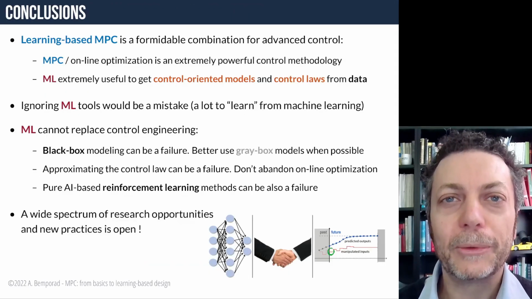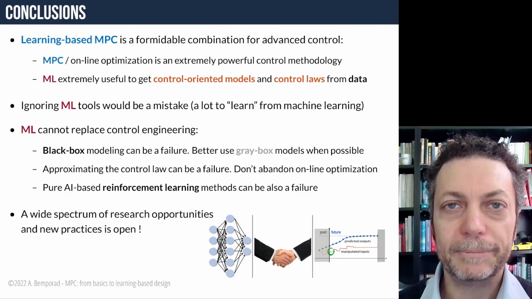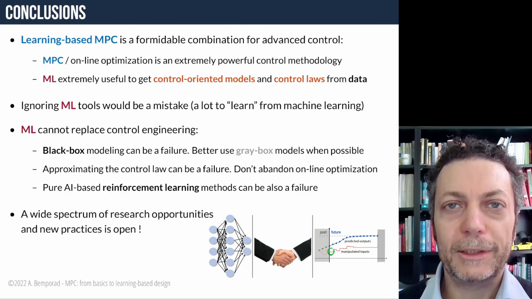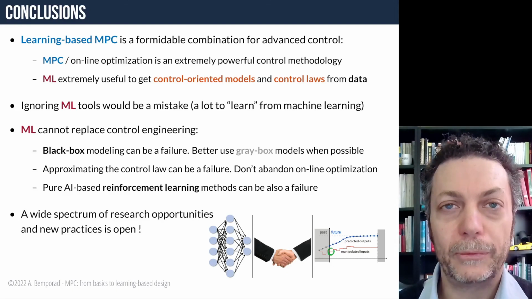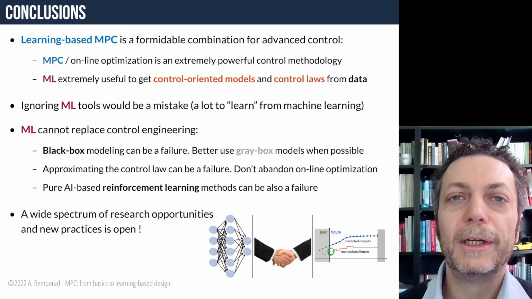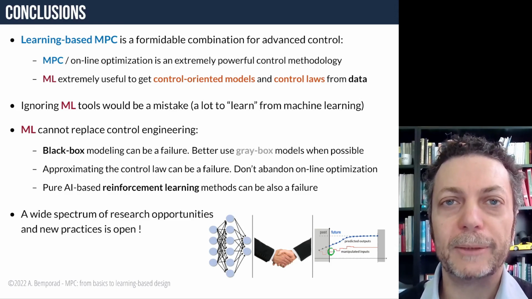And this brings me to the conclusion of this lecture. I think I gave you the impression that learning-based MPC can be quite a good advanced control methodology, because it's quite a good combination of two powerful things. On one hand, MPC, which is a powerful control methodology for designing control systems, handling constraints, and dealing with multivariable systems, nonlinear dynamics, even switching dynamics.